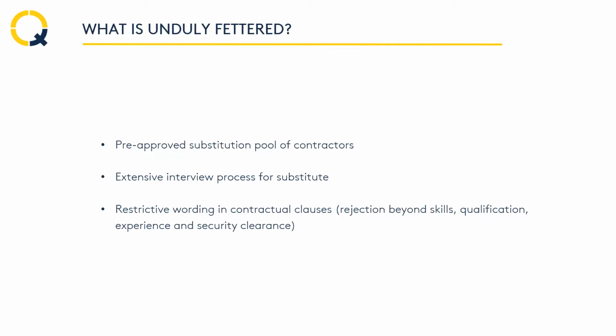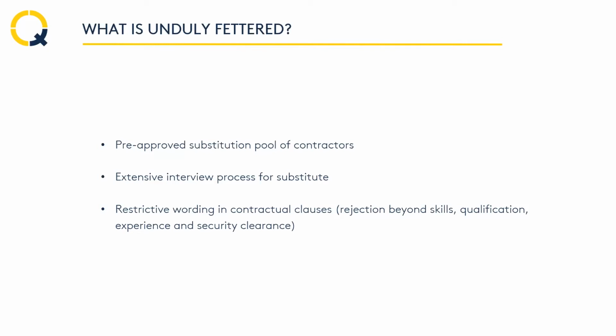HMRC would say that was unduly fettered, because their argument is, what would happen if the contractor who was working on a contract that was time limited, only had a few weeks to run, and it was massively important that that contractor, or someone of that same level of skill and ability, could carry on delivering the services in order to meet a really tight deadline?